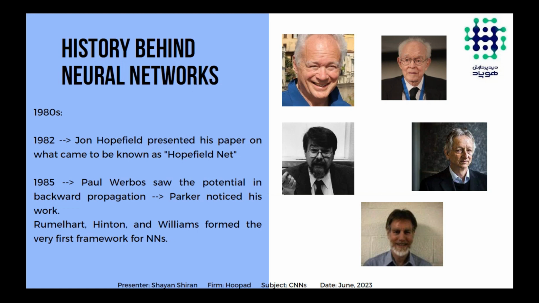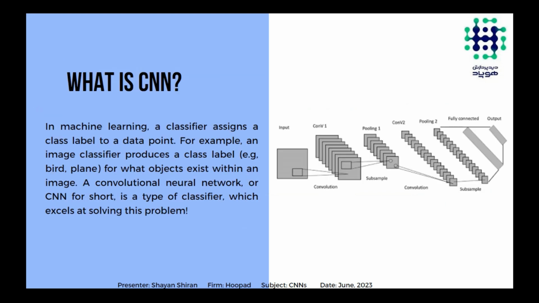But his work wasn't noticed until Parker noticed it, and it was years later that other scientists like Rumelhart, Geoffrey Hinton, and Williams formed the very first neural networks. And that was the brief history of neural networks.